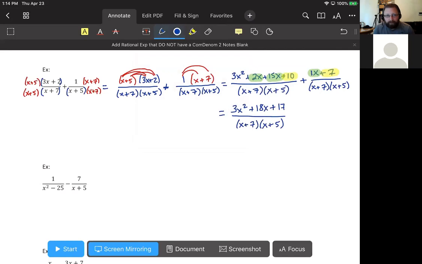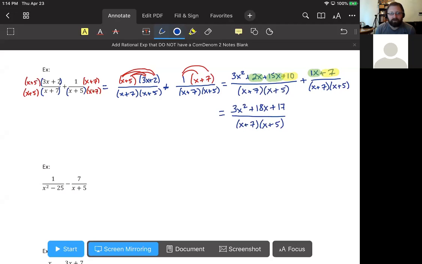Now, at this point, you are probably done. But you need to check to see, just like we had to do on Tuesday, can the fraction be reduced? So you would need to look at the numerator and decide whether or not that is a factorable trinomial, because if it can be factored, you might be able to reduce. And if you can reduce, you have to reduce.